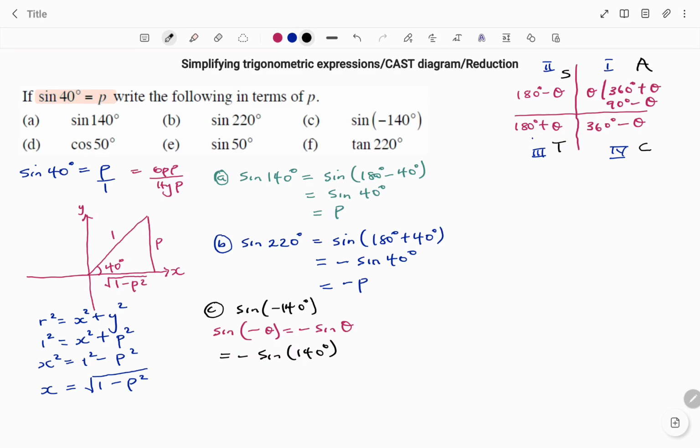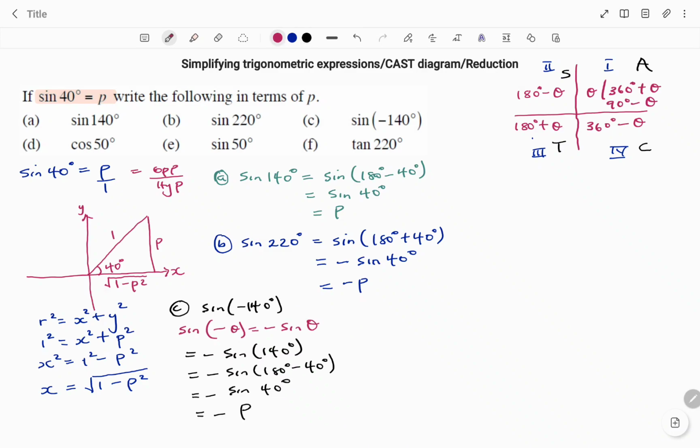If I go back to my CAST diagram, 140 degrees falls in the second quadrant as shown because it's less than 180. Therefore, using the reduction formula, I have sine 180 degrees minus 40. And because in the second quadrant the value of sine is positive, that remains negative because minus times plus will give you minus. So I have minus sine 40 degrees, which is the same as minus P.